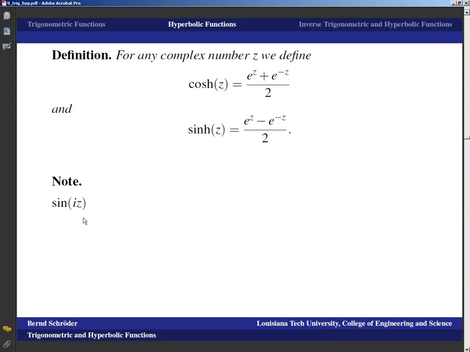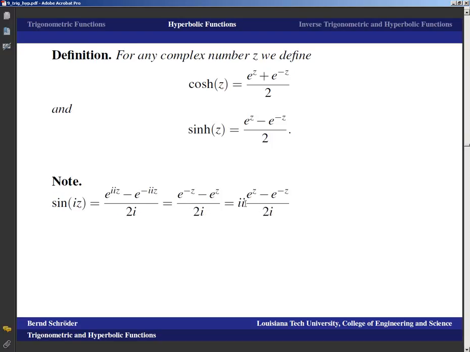Okay, let's make the connection to the regular trigonometric functions. If we're looking at sine of iz, well, that's e to the iiz minus e to the negative iiz, and i times i is, of course, -1, so this becomes e to the negative z minus e to the z divided by 2i.